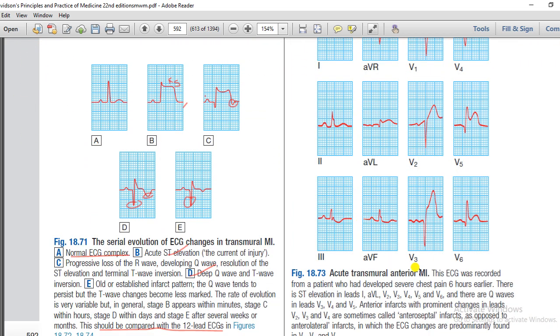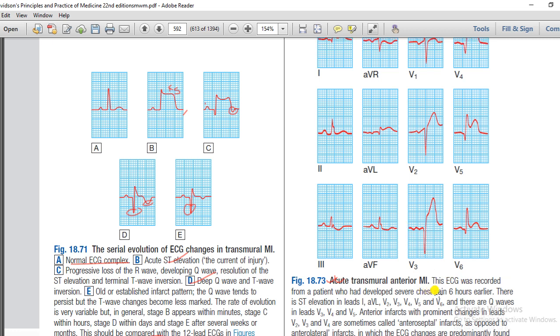This is acute transmural anterior myocardial infarction. So we just previously studied that anterior myocardial infarction is seen in case of leads V1 to V4. This ECG was recorded from a patient who had developed severe chest pain 6 hours earlier.